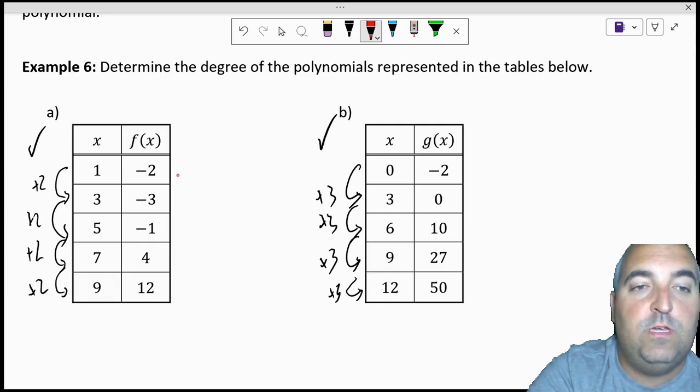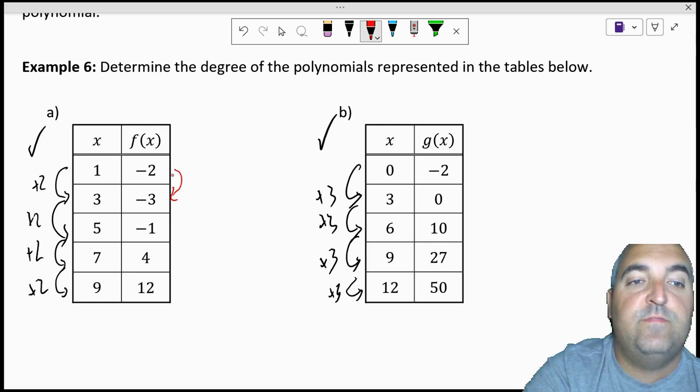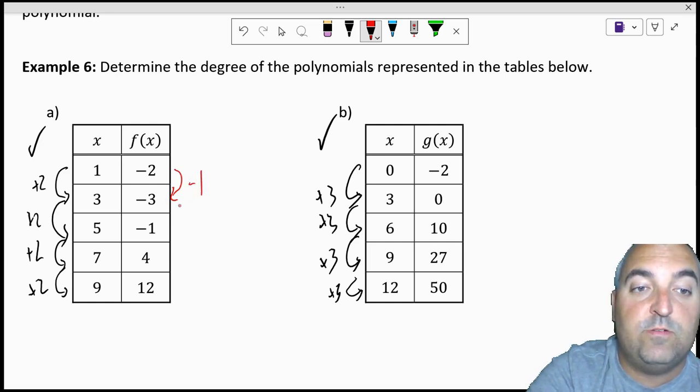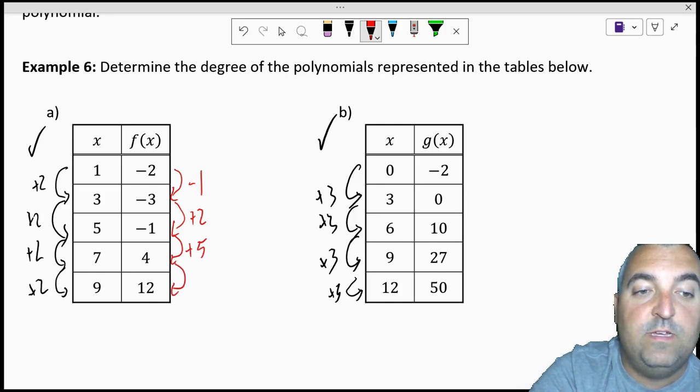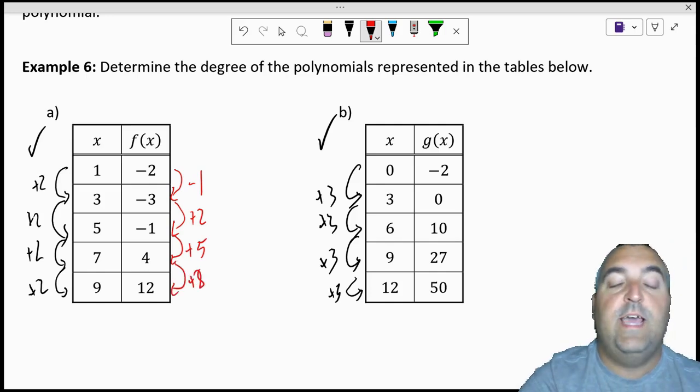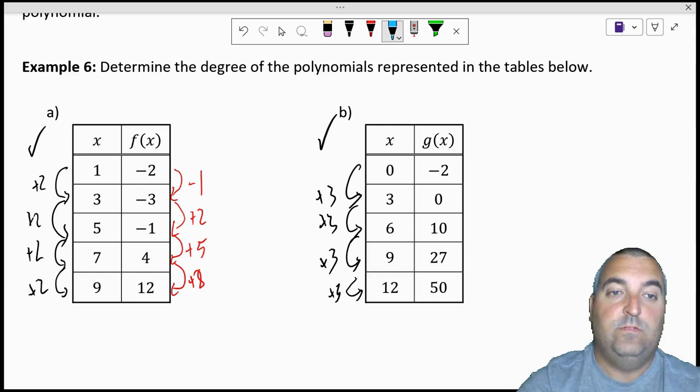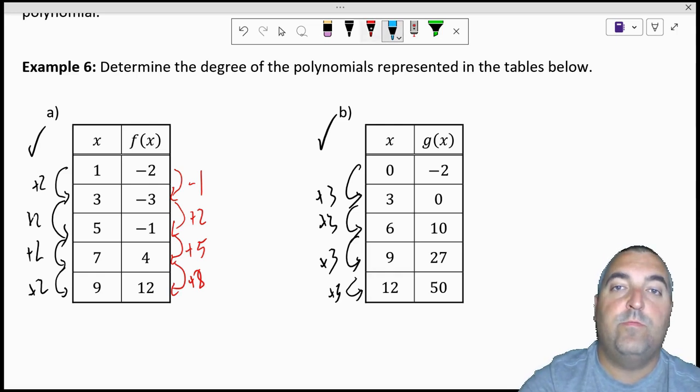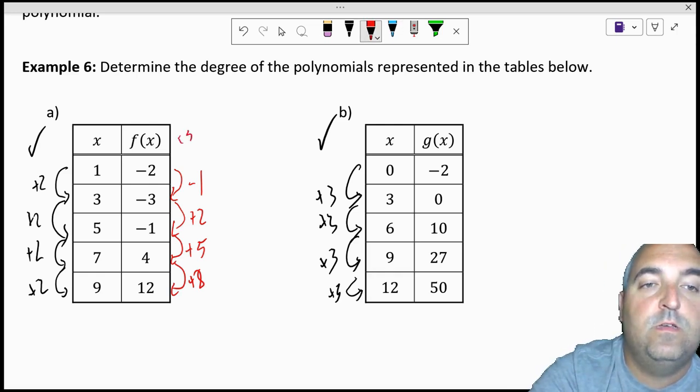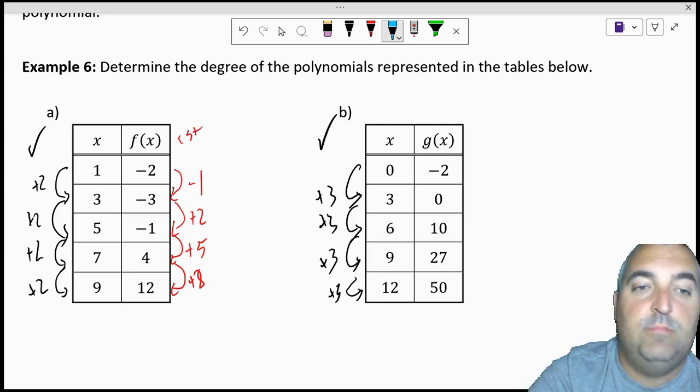Okay, so here from -2 to -3, we subtract 1. Here we're adding 2, from -3 to -1. -1 to 4 is adding 5, and 4 to 12 is adding 8. Well, those are not the same, but we would call this our first difference. Not the same.